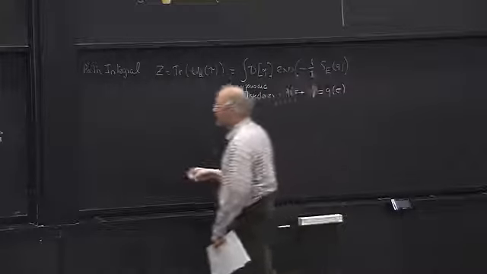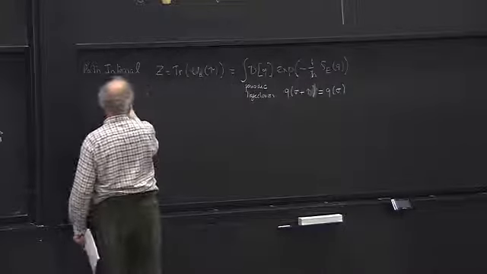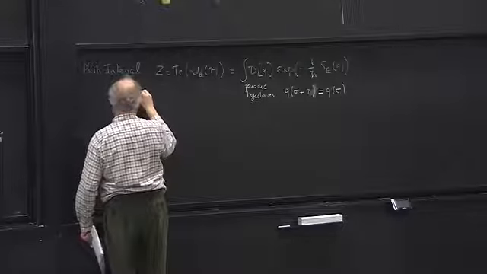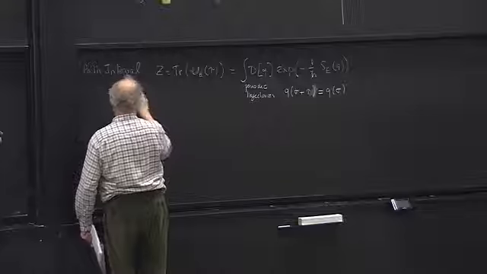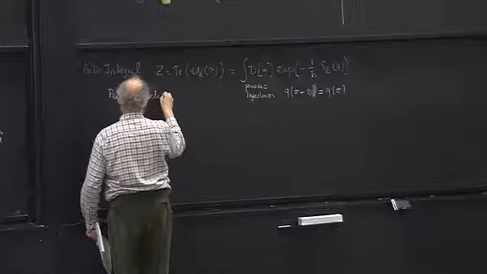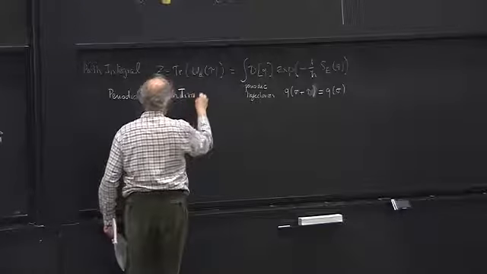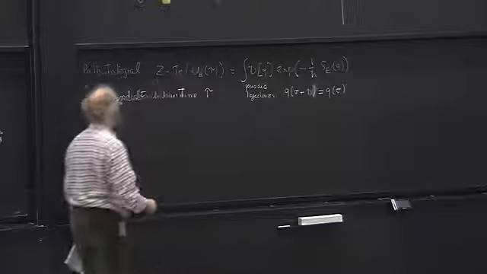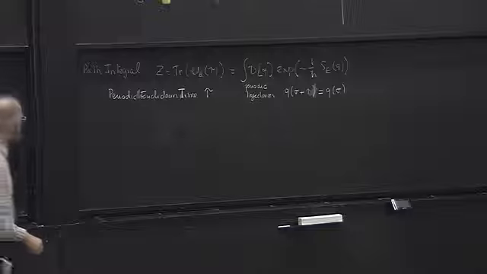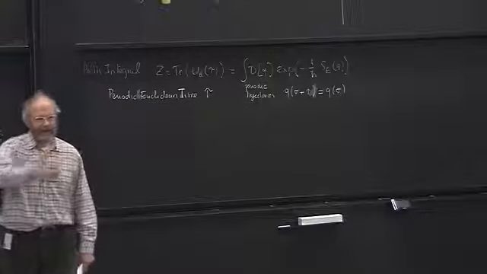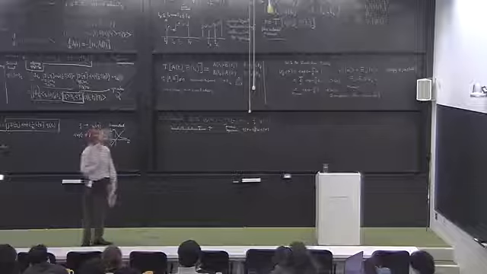So we have a periodic Euclidean time tau.